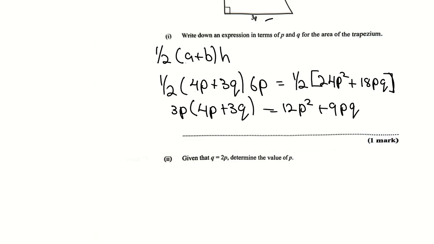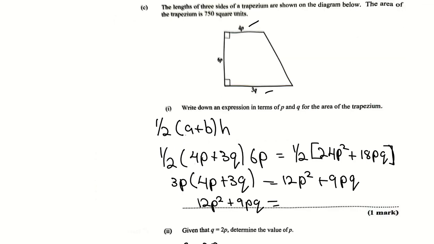So no matter how you multiply it out, you're supposed to get the same answer of 12p squared plus 9pq. Given that q is 2p, determine the value of p. So they're telling you that q is equal to 2p, so I'm going to put it in this equation. Hold on, they told you that the area, I forgot this part, is 750.